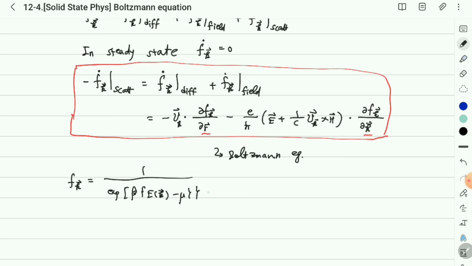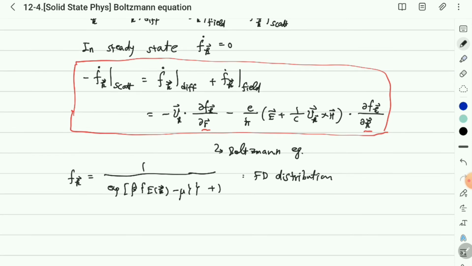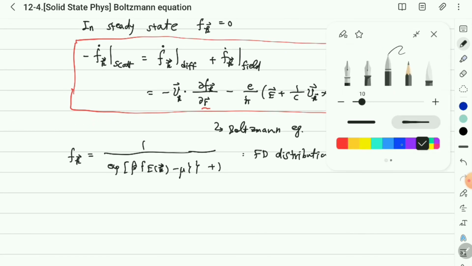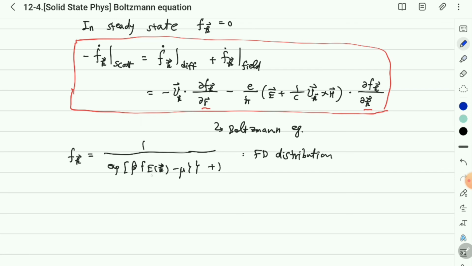That is the Fermi-Dirac distribution function. When you calculate this Boltzmann equation, we know that the energy eigenstate has a dispersion relation, and the chemical potential is like the Fermi energy at zero temperature.